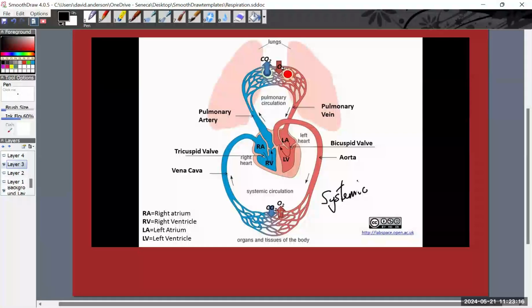Remember, that was about filtration when we talked about the capillary responsibility. Reabsorption to the venous side. Venous return, which was dependent on our skeletal muscle pumps, our one-way valves, and our thoracic pump. The thoracic pump created because of negative pressure in the thoracic cavity.